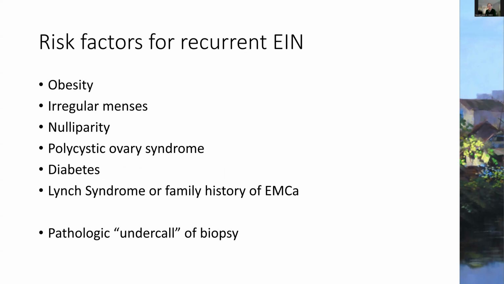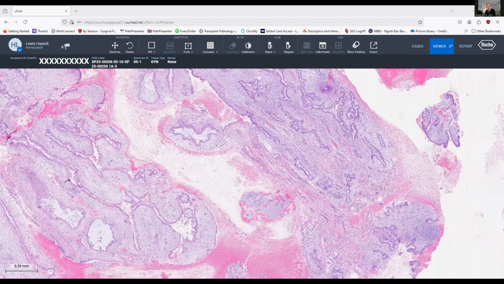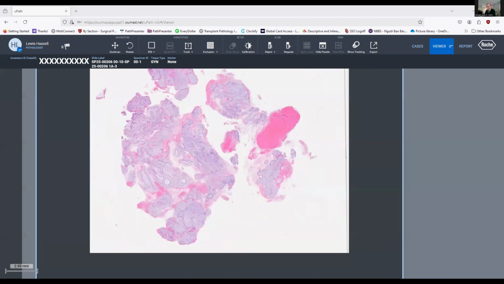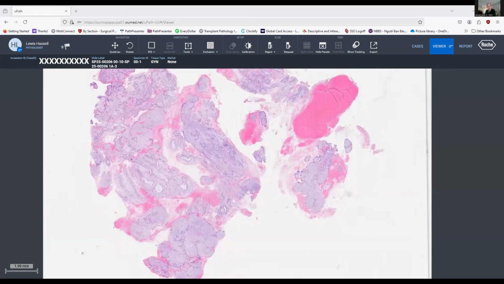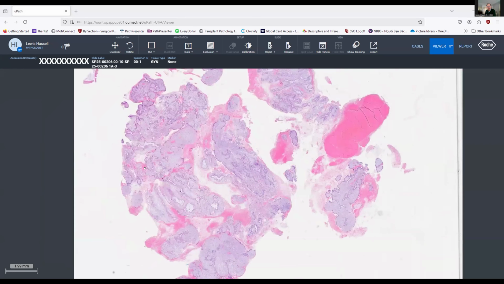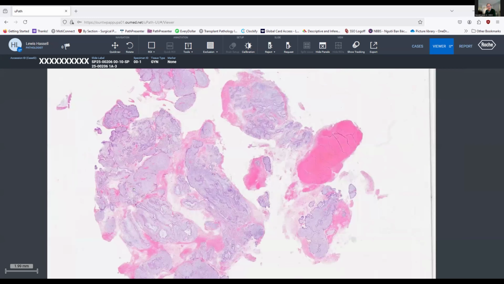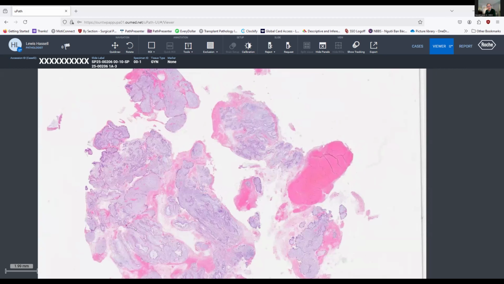So with that, let's take a look at our patient's slides, which were seen in follow-up. Here we see low power magnification of the curetting sample taken from this patient. And I will just point out at low magnification that we can see there's a bit of glandular complexity here, and we have this sort of pale bluish stroma.